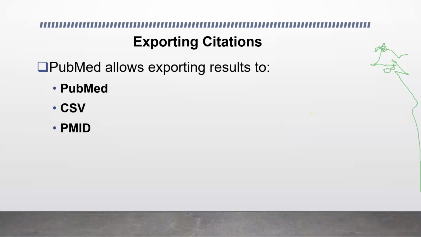PubMed allows you to export the search results in PubMed format, in CSV format, and in PMID format. So these are the formats you can export the search results in, and we'll do it later on when it comes to hands-on activities.